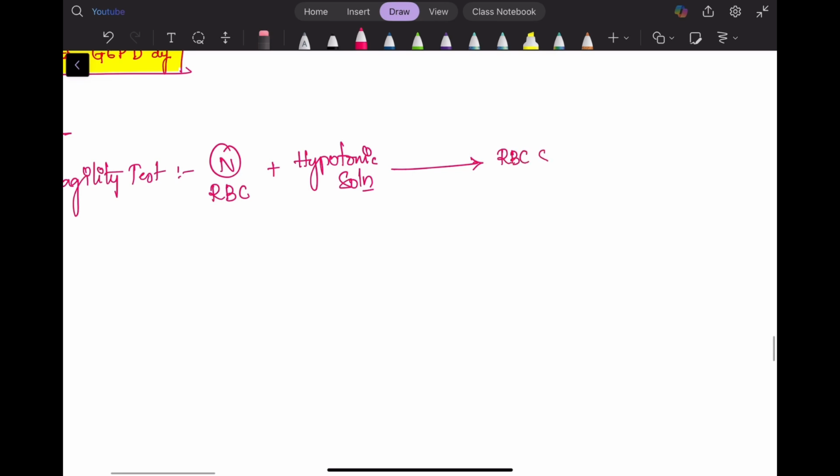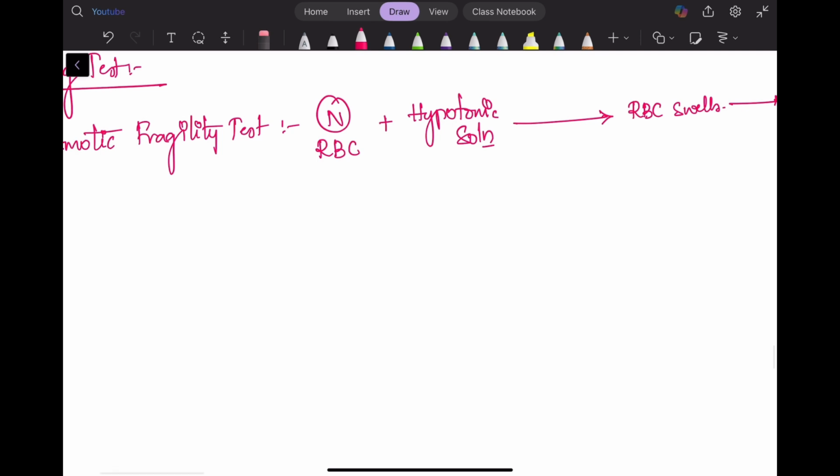RBC swells, which leads to bursting. Then take this patient's RBC with the same condition, hypotonic solution.